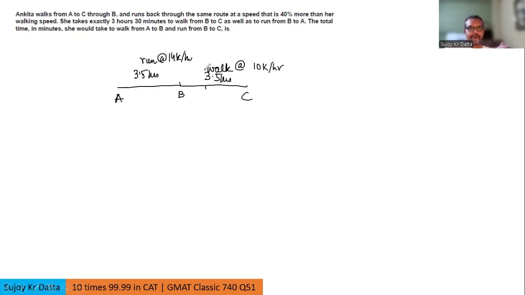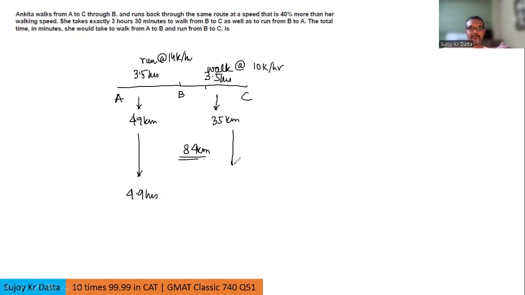Okay. So that means this distance would be 10 times 3.5, so 35 kilometers. And this distance would be 14 times 3.5, so 7 times 7 is 49 kilometers. So that means the total distance is 84 kilometers. So they're saying the total time she would take to walk from A to B. All right, so 49 kilometers walking at 10 kilometers per hour, so 4.9 hours.